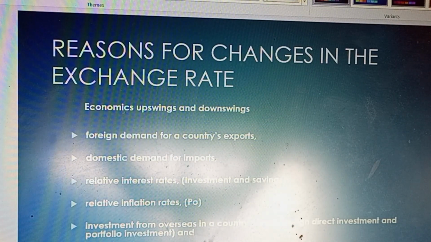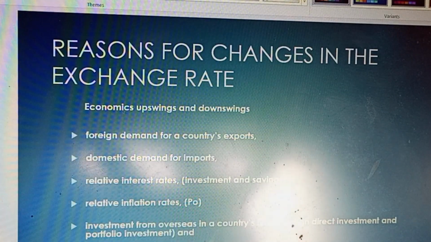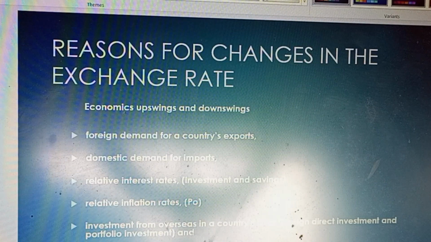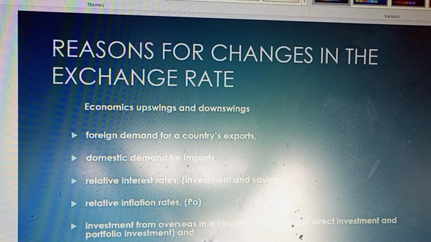If there is domestic demand for imports, that is people in their country demanding more goods and services from outside, this definitely also affects the exchange rate. And then interest rates on investment and savings also affect the exchange rate. And then we also have inflation.